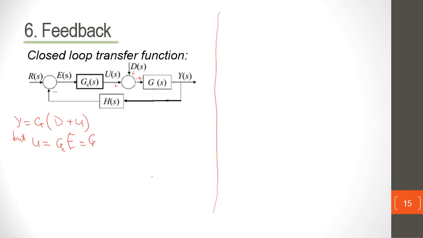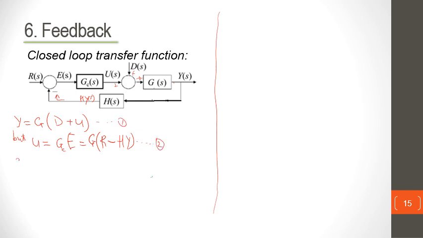However, you can break down the error signal here, because the error signal is the input R minus whatever is coming out from here, and whatever is coming out here is going to be h times y. So the error is r minus h times y. Substituting that, this becomes my equation 2.